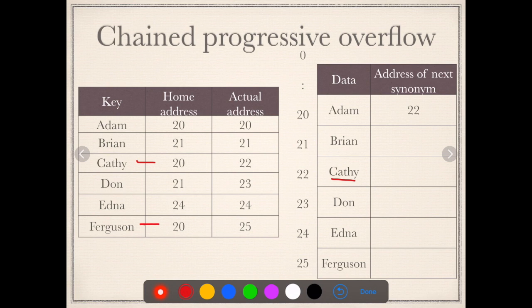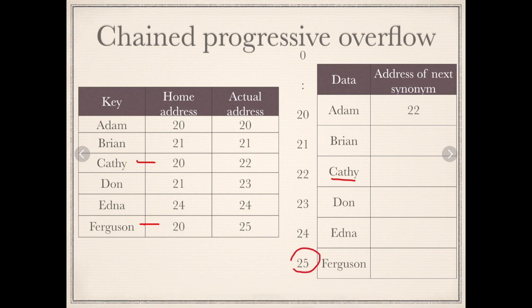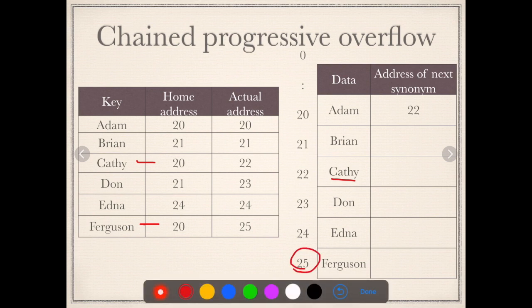The key Ferguson has the same home address. So we are going to link them in the same way. Ferguson's address is 25. So along with Kathy, we are going to store the address 25 to indicate that the next synonym will be at the address 25. As you can see, after Ferguson, no other keys have the same home address. So we are going to indicate it with -1.